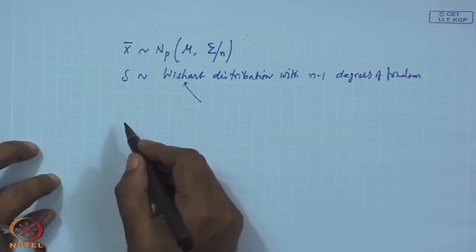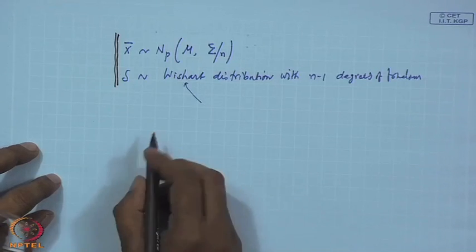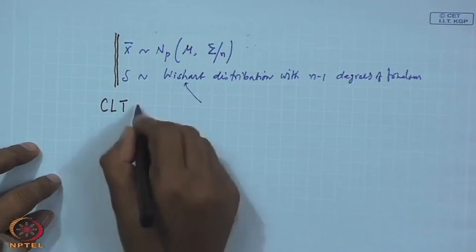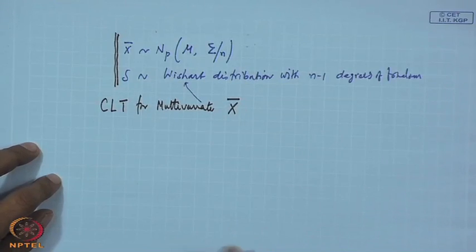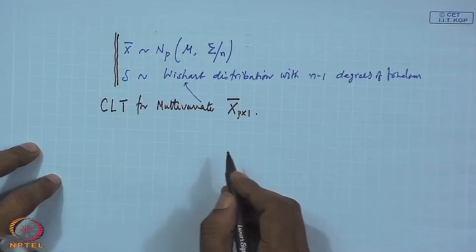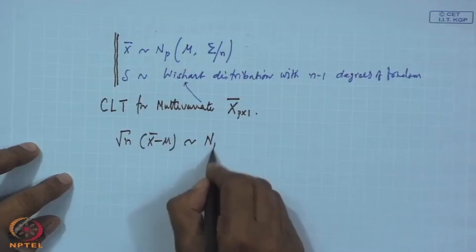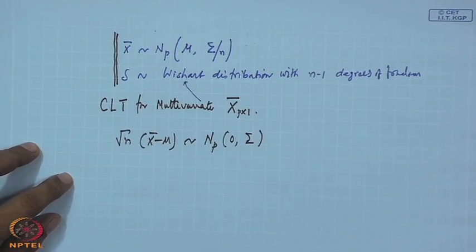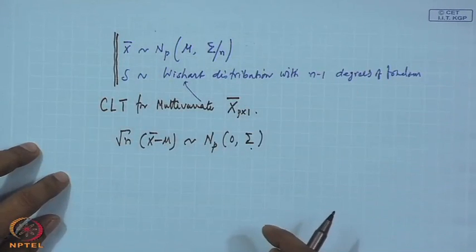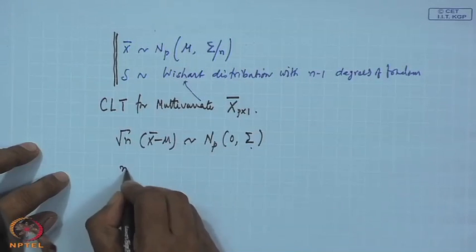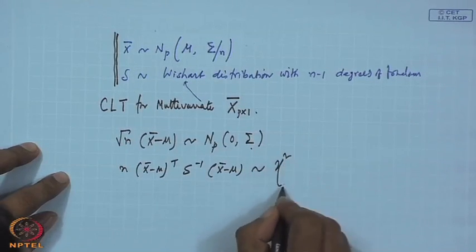Okay. Now, the other issue you have seen in the univariate case also is the central limit theorem. Now, the central limit theorem for multivariate data, for the multivariate random variable x bar. What will be this? Here you have seen that root n times x bar minus mu follows multivariate normal with 0 mean vector and covariance matrix sigma. Last class, some of you have seen this, not all. Also we have seen that n times x bar minus mu transpose S inverse x bar minus mu follows a chi-square distribution.